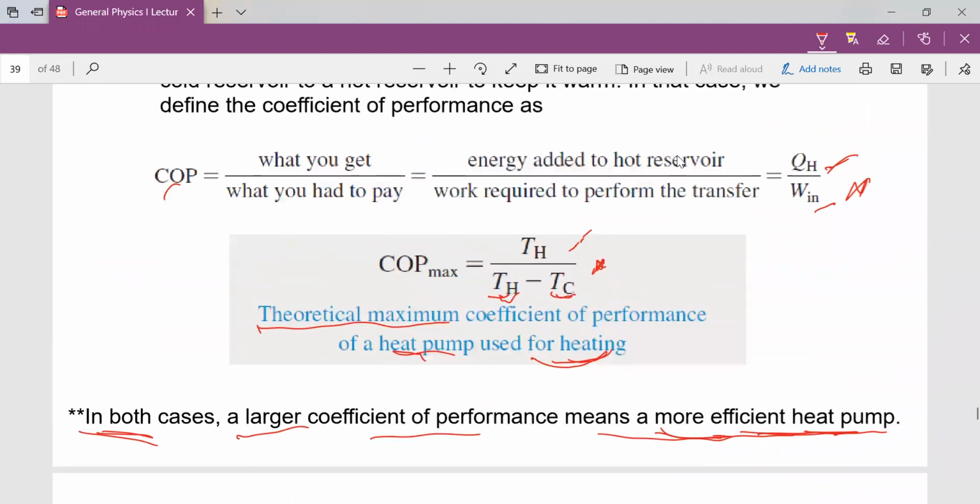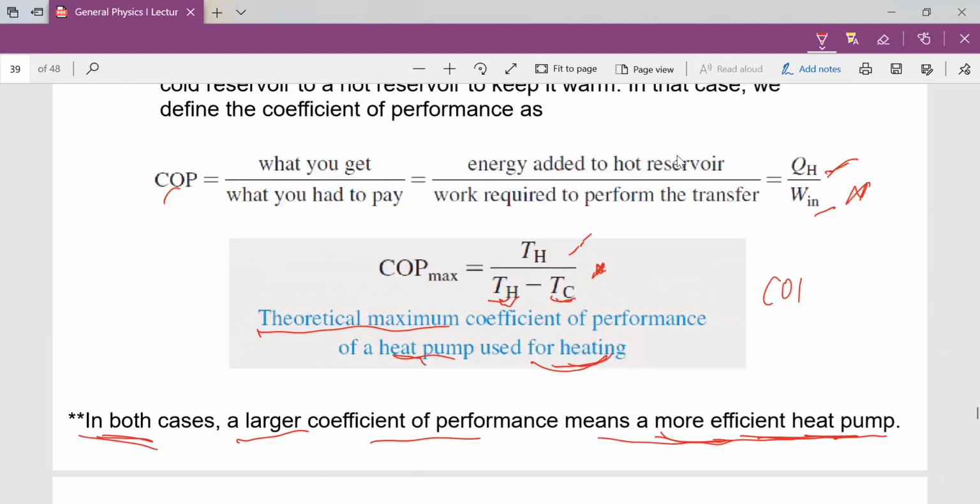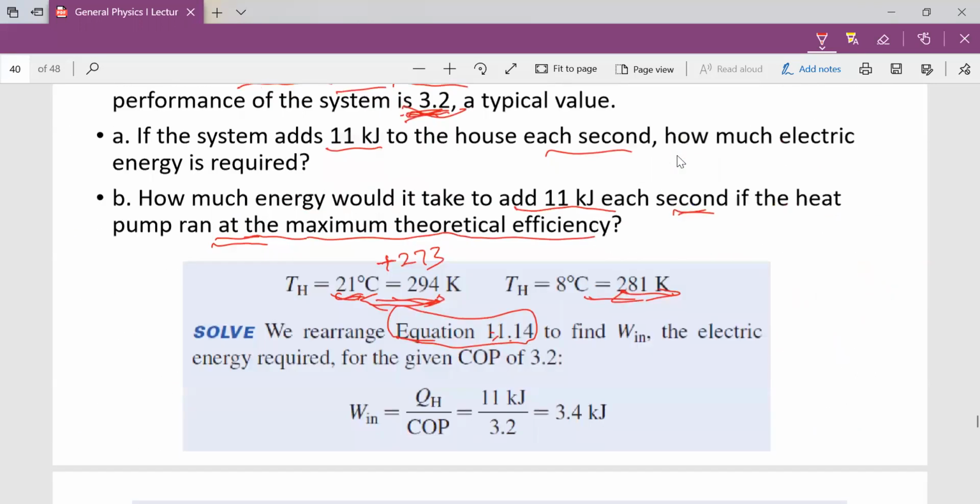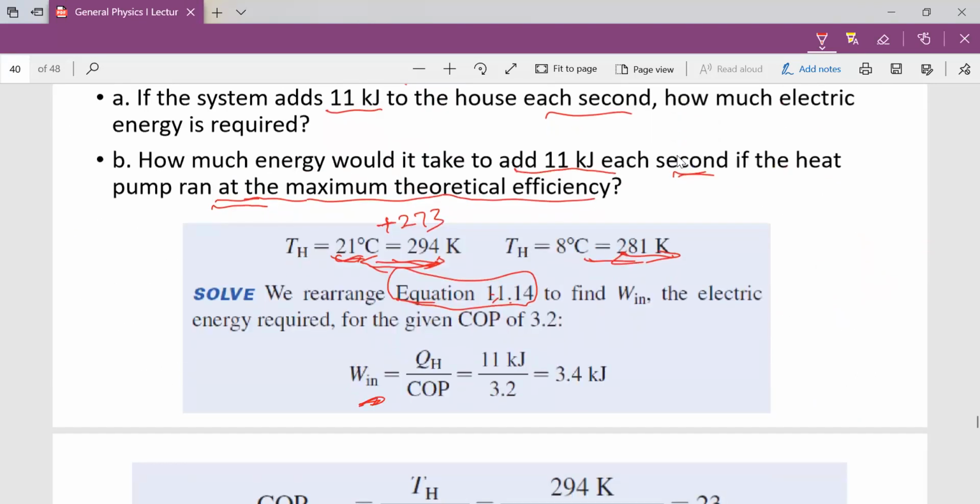We made this the subject of formula, COP equal to QH over W in. If you make W in the subject of formula, it becomes W in equal to the heat of the hot reservoir over COP. Okay, so that's the equation we used here.